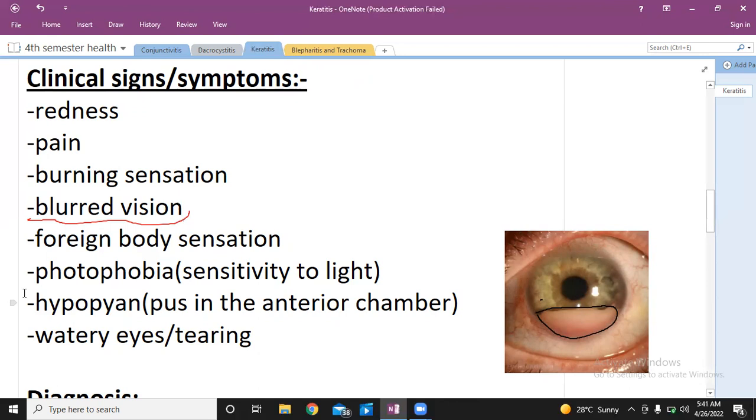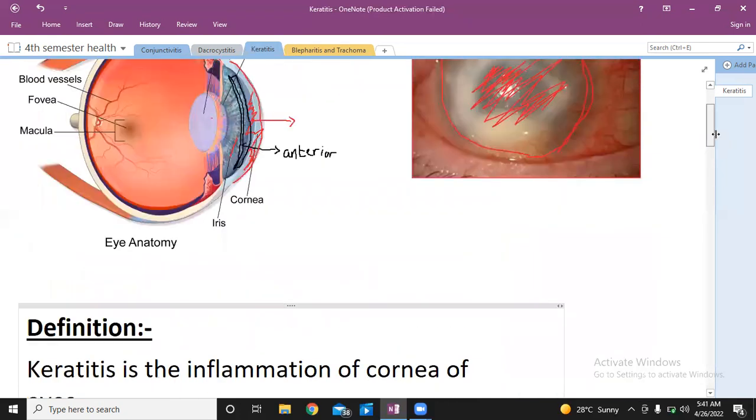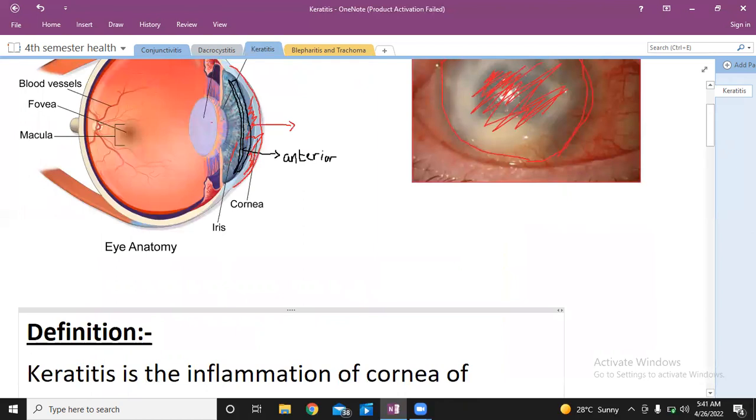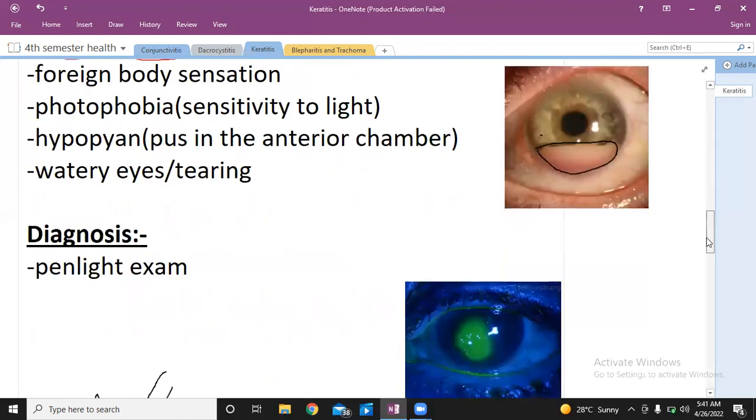Now, what is hypopyon? This term means pus in the anterior chamber of the eyes. You have to know about the anterior chamber of the eyes. The anterior chamber is the empty space present just behind the cornea. And there will be watery eyes, tearing of the eyes.